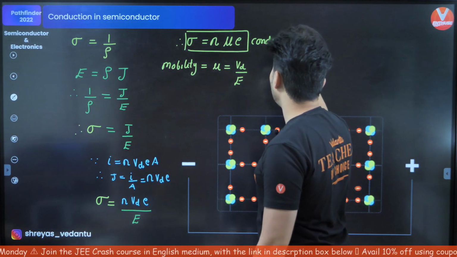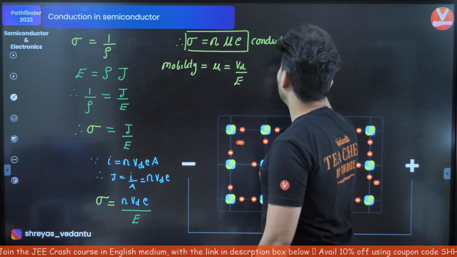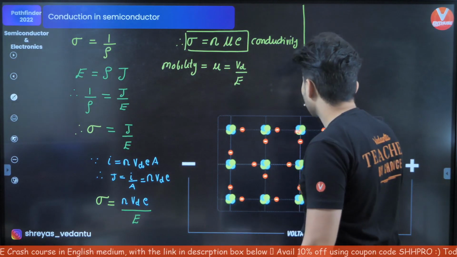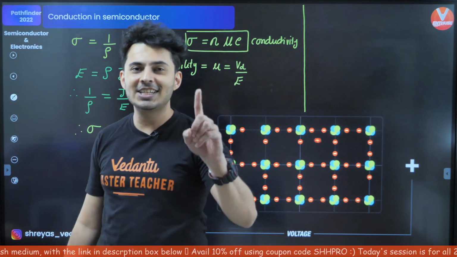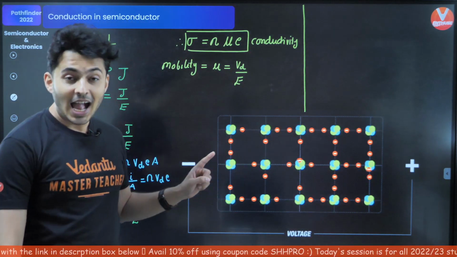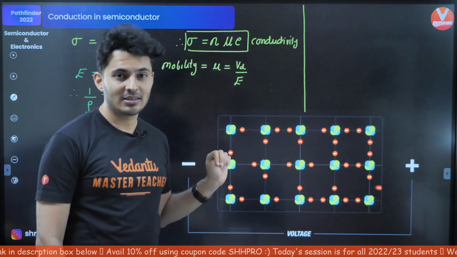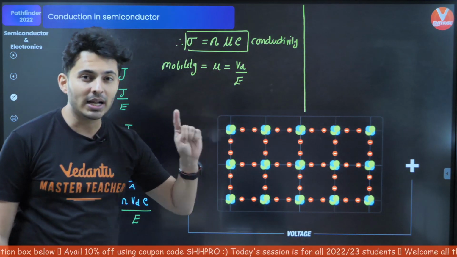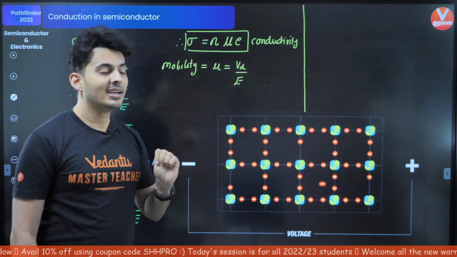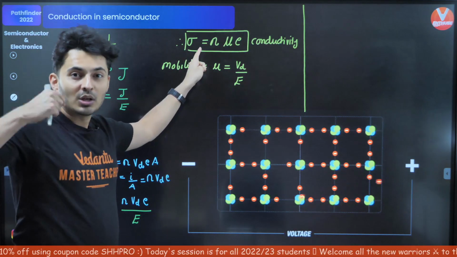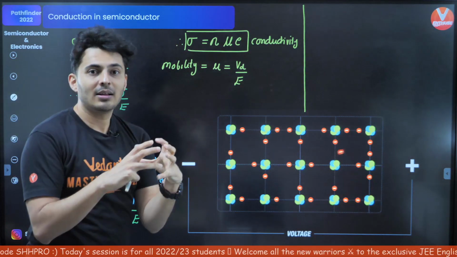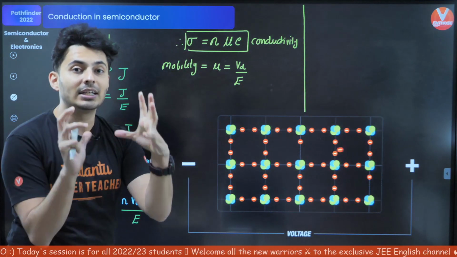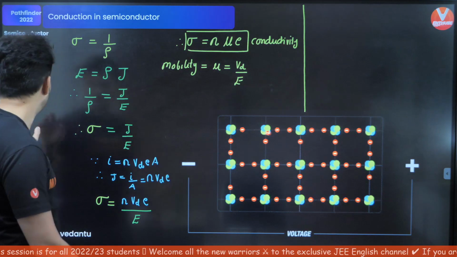But this is not the entire formula. Reason: remember, the conduction in a semiconductor happens because of two things, current due to electrons and current due to holes. That means the conduction due to electrons and holes together will give rise to the net conductivity of the semiconductor.